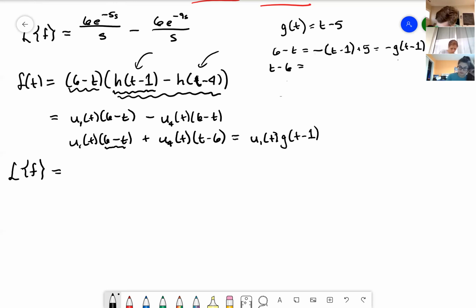But for t minus 6, I want this in terms of t minus 4 because that one's shifted forward by 4. So this will be t minus 4 minus 2. So we'll have an h of t that is t minus 2, and when we plug in t minus 4, we'll get this thing. So this is u4 of t, h of t minus 4.